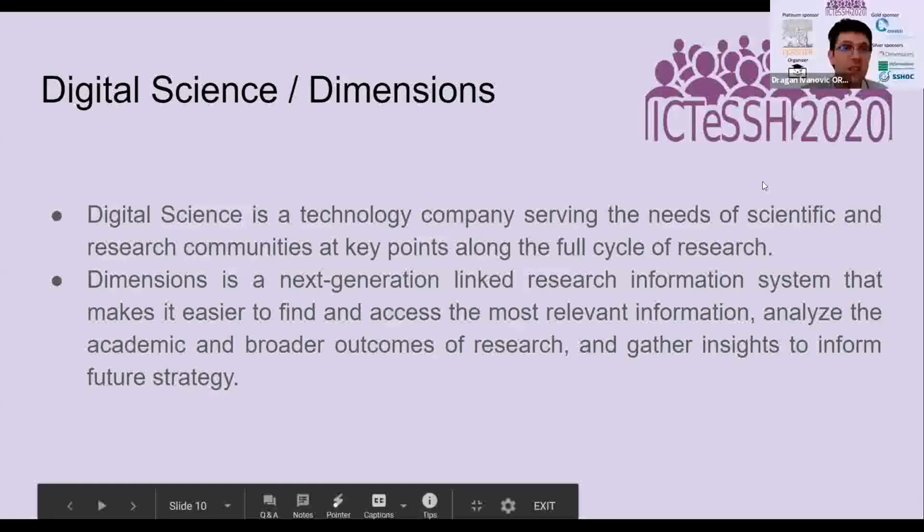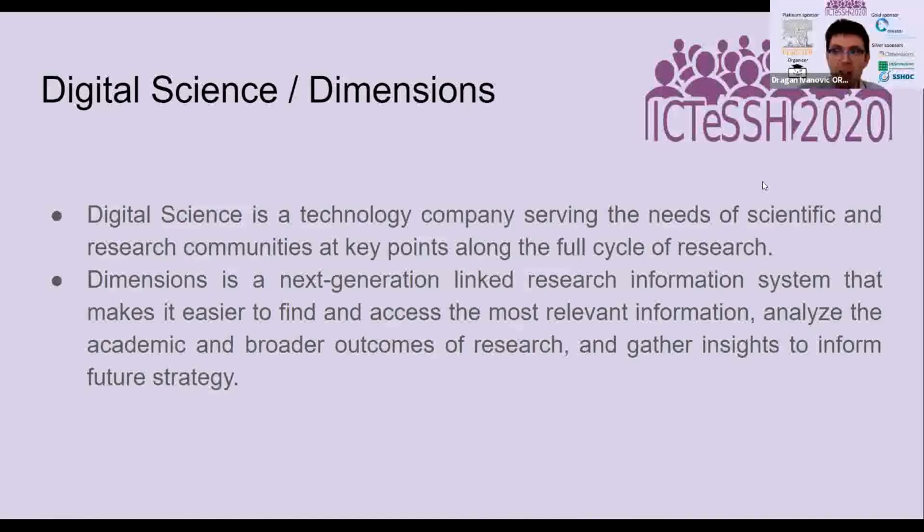Next, we will hear a brief presentation of Digital Science and Dimensions especially. Digital Science is a technology company serving the needs of scientific and research communities at key points along the full cycle of research. And Dimensions is a part of Digital Science. It's a next generation linked research information system that makes it easier to find and access the most relevant information, analyze the academic and broader outcomes of research, and gather insight to inform future strategy.